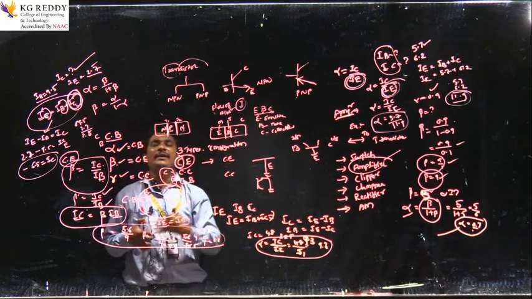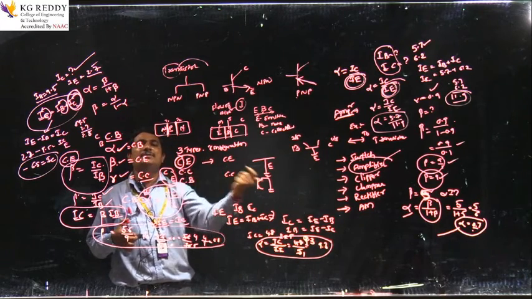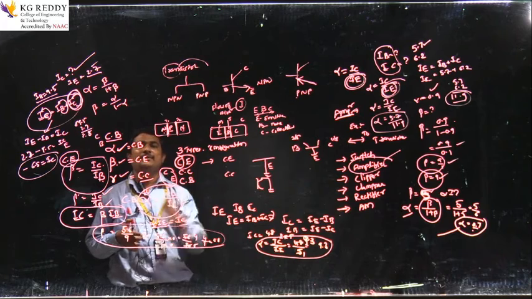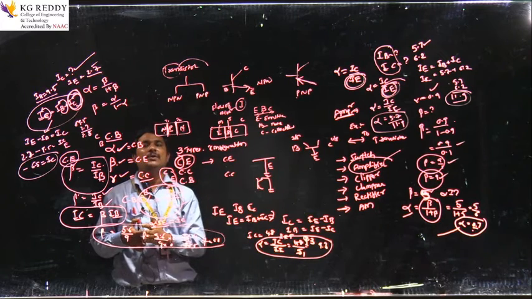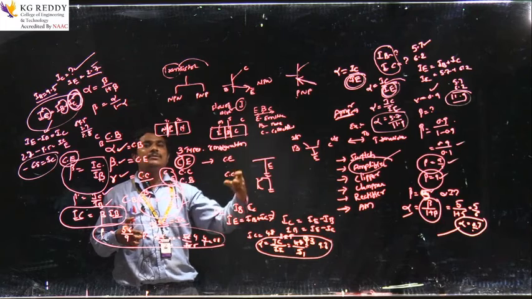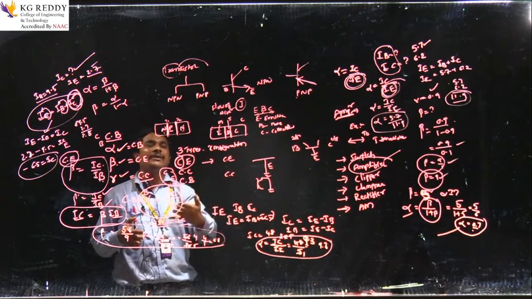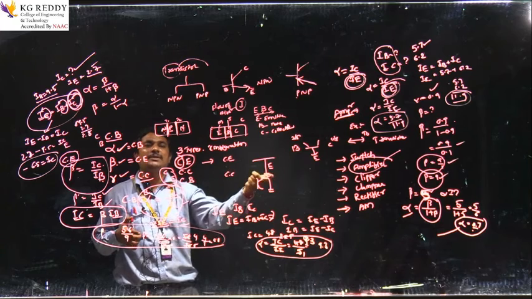Next, compared to the FET, the transistor is a 3 terminal device, and the FET also has 3 terminals: gate, source, drain. The transistor has emitter, base, collector. This is the similarity between FET and transistor. Transistor is a current control device, whereas FET is a voltage control device.